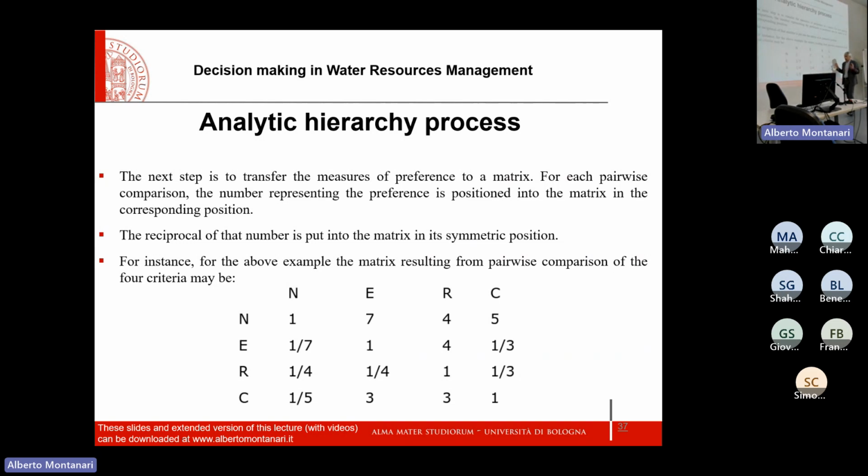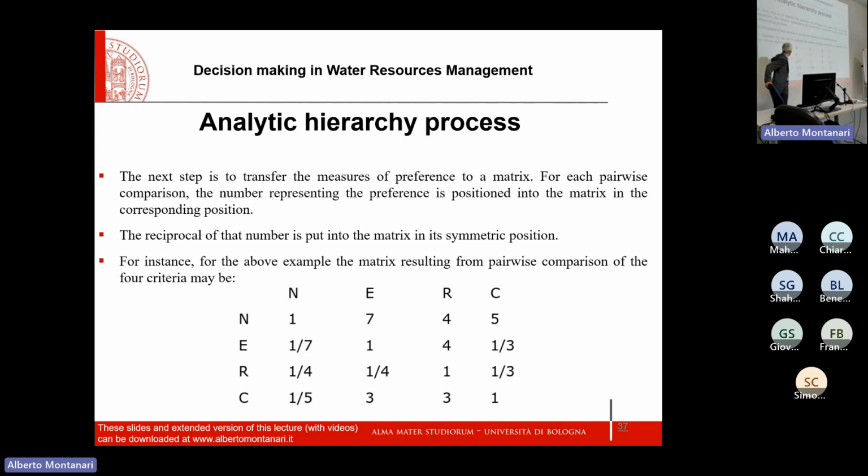So when I compare the criteria, and for instance, a very trivial comparison between the net benefit and the environmental impact here, the question by one of you was, should I consider as first criterion to be compared the one that I find on the left column or the one that I find in the upper row?